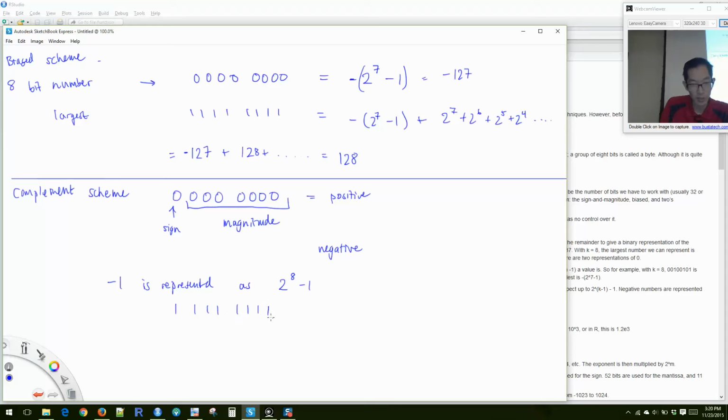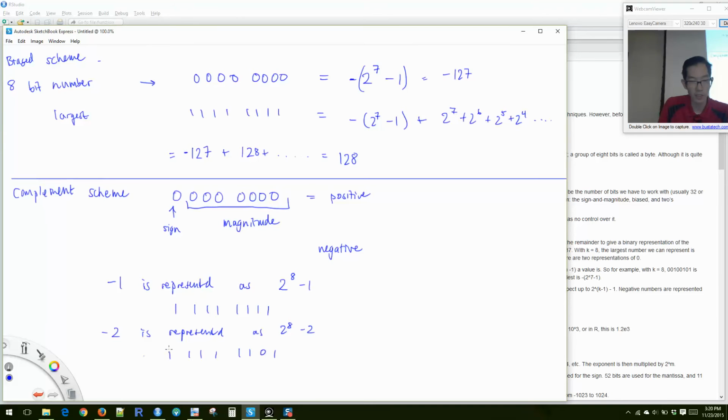So this represents negative 1, and then negative 2 is represented as 2 to the 8 minus 2, so this becomes 1, 1, 1, 1, 1, 1, 0. Essentially for negative numbers, it's how much more we have to add to this to make it equal to 2 to the 8.